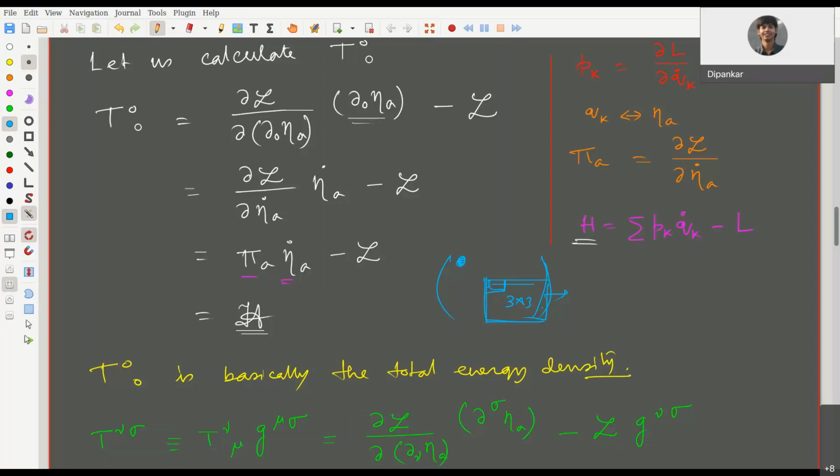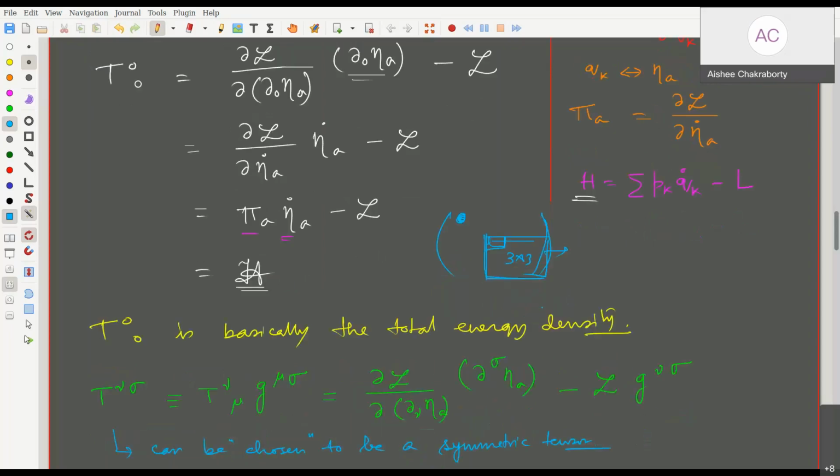Okay, sir. And one more question is, here you say that zero zero is the Hamiltonian density in analogy to the discrete mechanics. But sir, in discrete mechanics this Hamiltonian is not always the total energy.